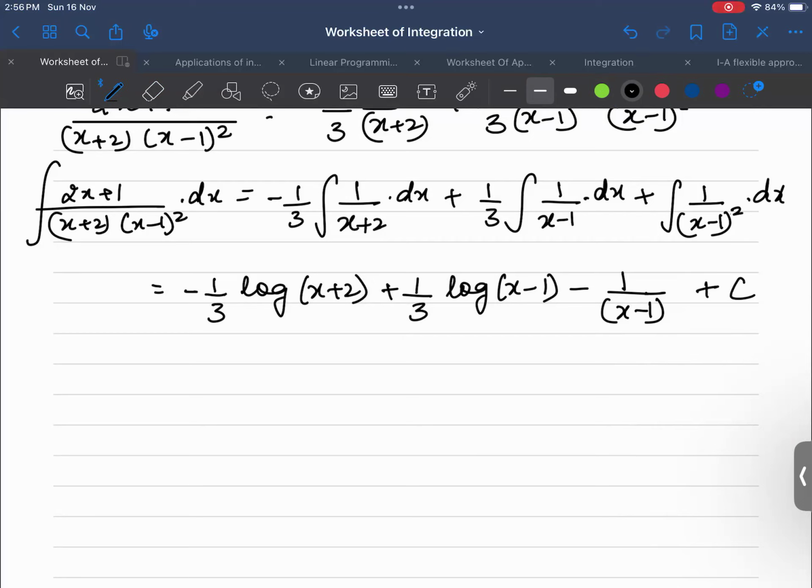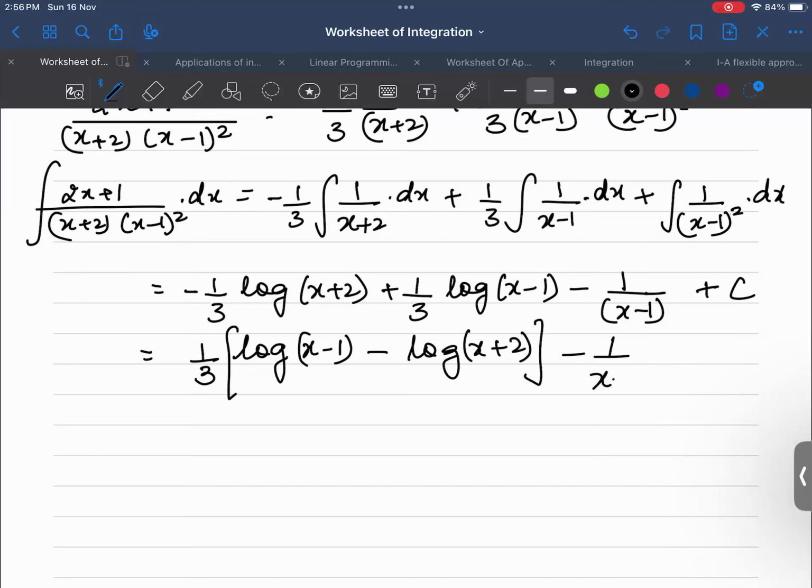Okay, so the answer comes out to be 1 upon 3 log. If I take the common, it would be log of x minus 1 minus log of x plus 2. I can write it like this because of the minus sign, and minus 1 upon x minus 1 plus c.